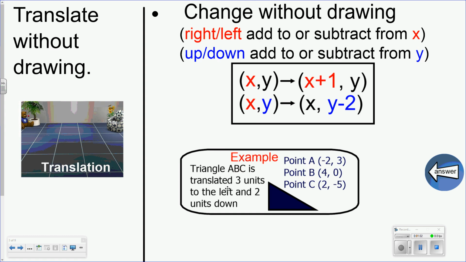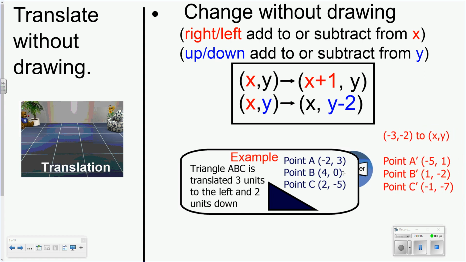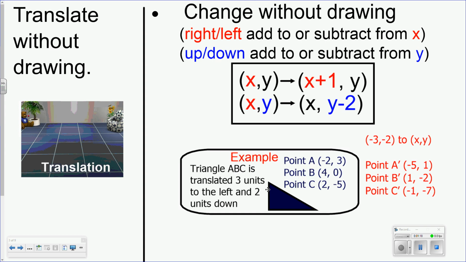For example, I have this triangle that's translated 3 units to the left and 2 units down. Point A, the original image, is at (-2, 3), point B is at (4, 0), and C is at (2, -5). To make this translation, we subtract 3 from the x and subtract 2 from the y.